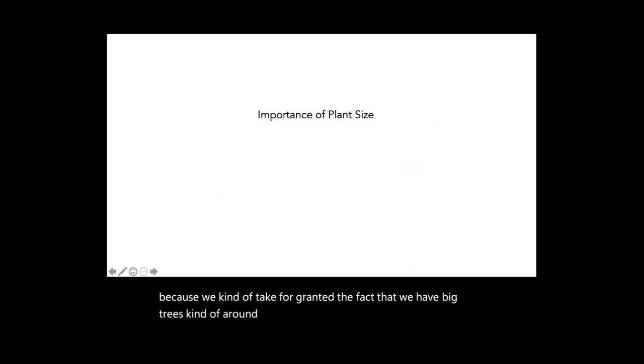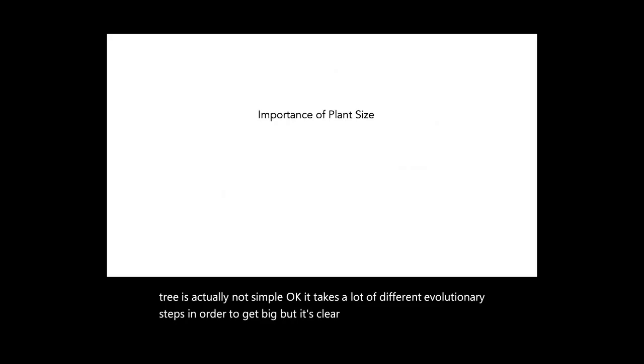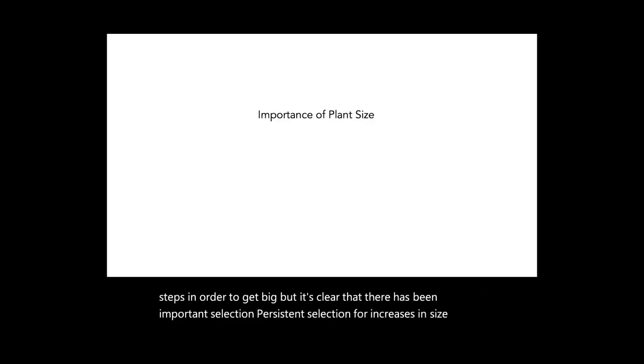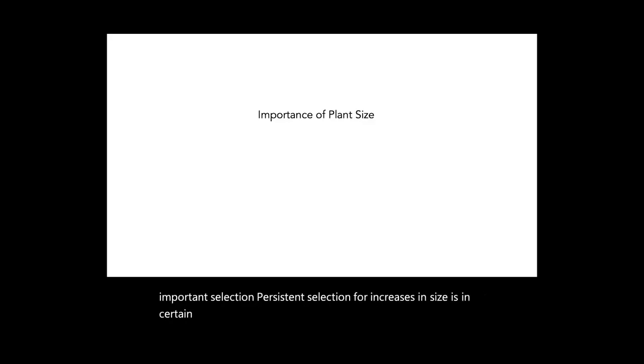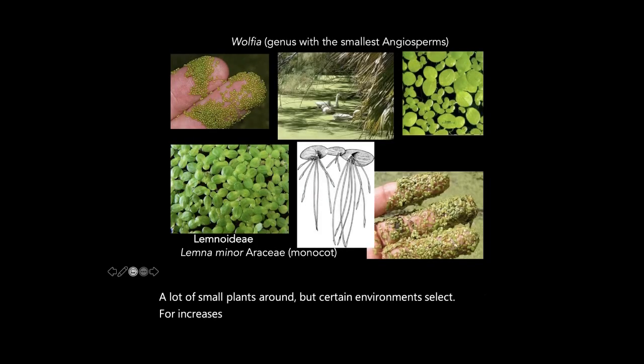The evolution of being a big plant, a big tree, is actually not simple. It takes a lot of different evolutionary steps in order to get big. But it's clear that there has been persistent selection for increases in size in certain environments. We still have a lot of small plants around, but certain environments select for big size.